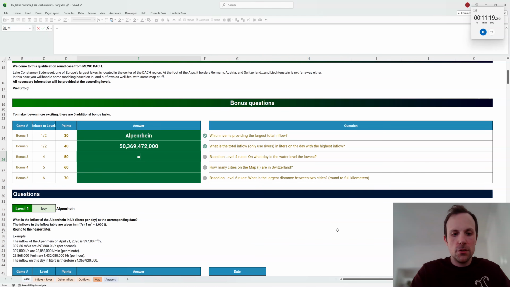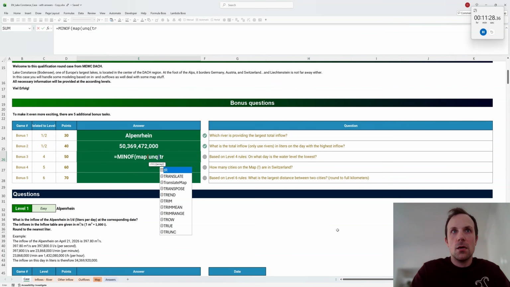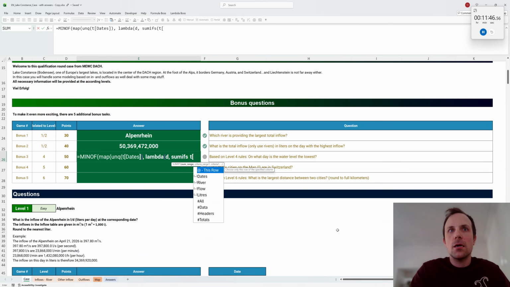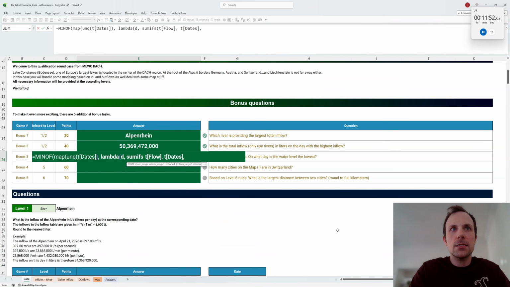So I want to do a min of, and my values are going to be, if I map across unique dates, and for each date I want to do a sumifs of T flow, doesn't matter if it's flow or litres, sumifs T flow where T dates are less than or equal to D, close the sumifs, close the lambda, close the map.